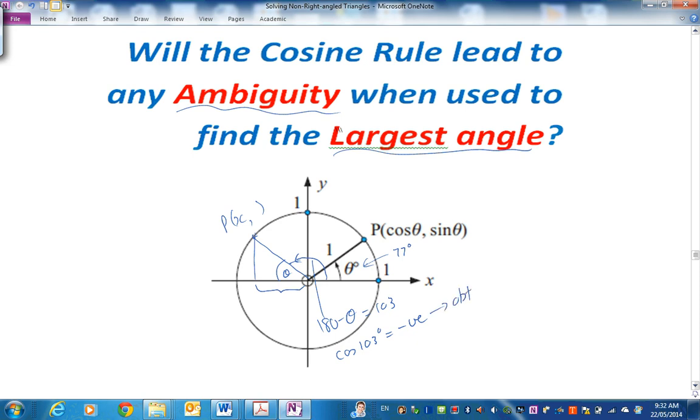It will tell you, because the cos, as you go through that 90-degree position into this quadrant, becomes a negative x, and a negative x implies a negative cosine. Okay, so you don't get ambiguity with the cosine rule. So if you can use the cosine rule to find the largest angle, you will know definitely, without any ambiguity, whether it's bigger than 90 or not.